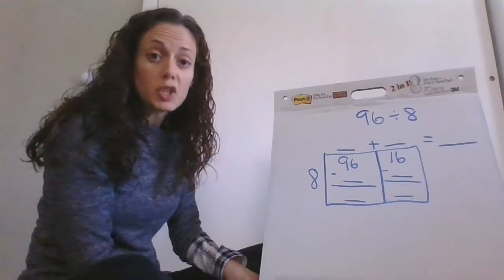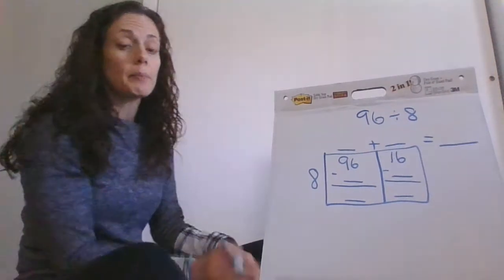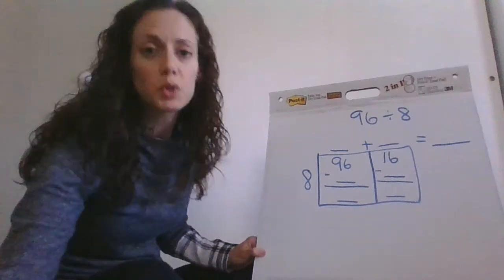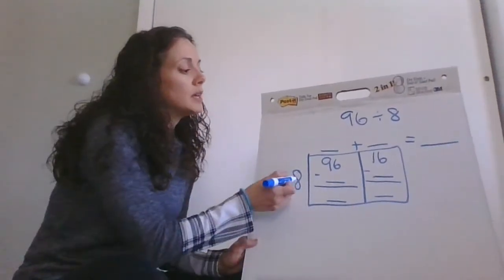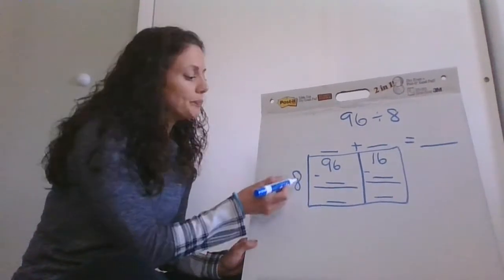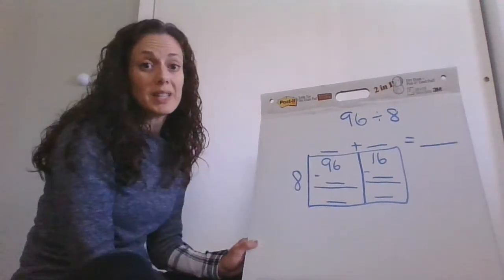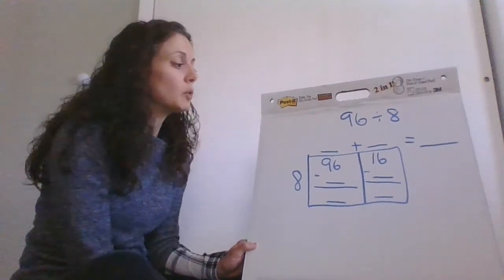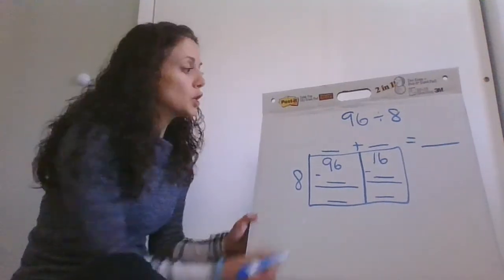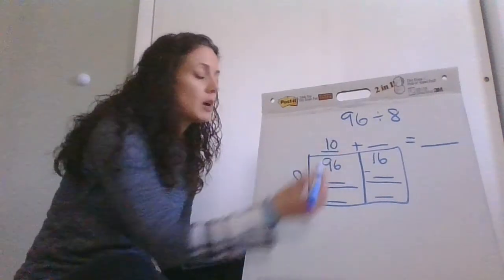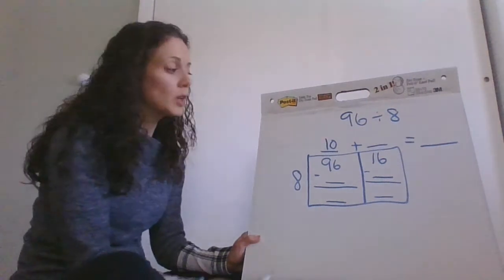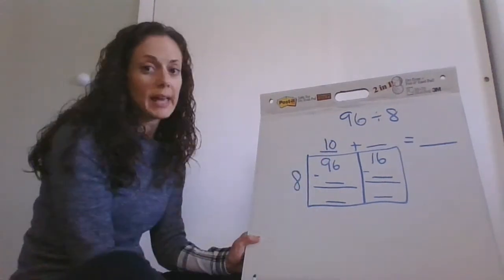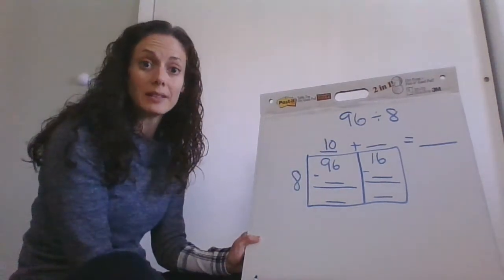Taking what we just did in the partial quotients, it's the same exact procedure. 8 can fit into 96 10 whole times without going past, right? 20 was too many. So the 10 comes up here above the area model. You multiply 8 times 10, because if you remember, area is length times width.